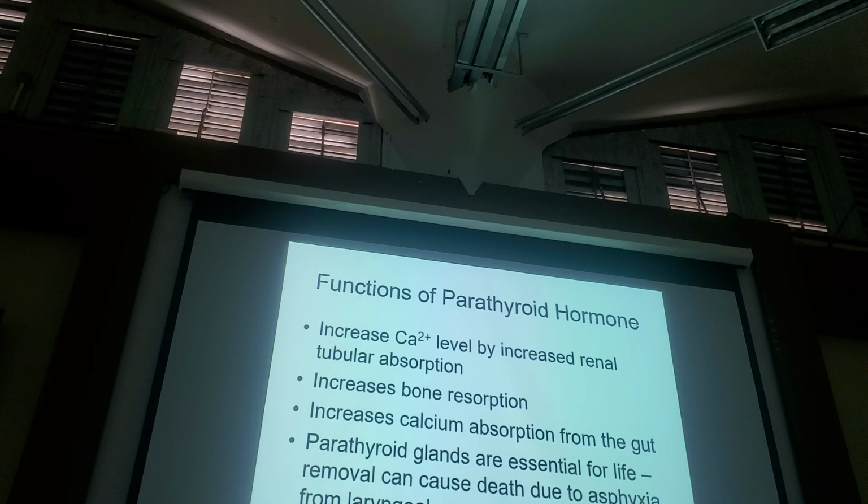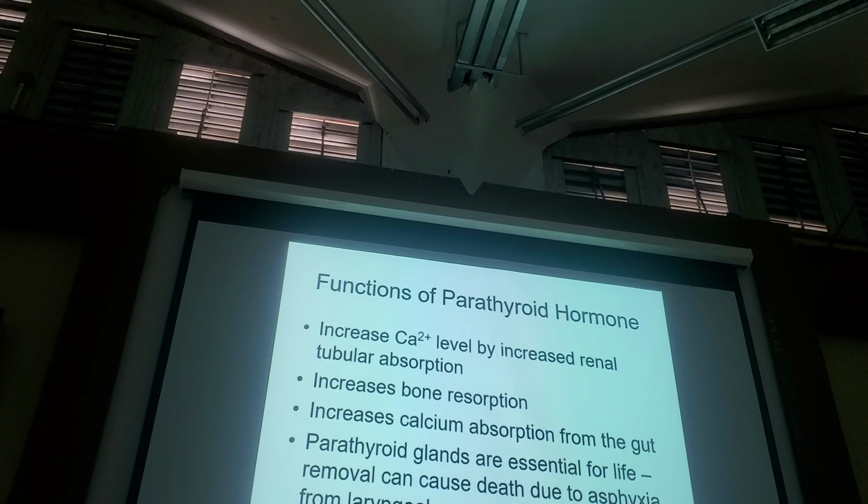This is a very enormous response, but it is a little bit slower. It also increases bone resorption, and this is a rapid and more sensitive function. So the first function is enormous, but slightly slower.